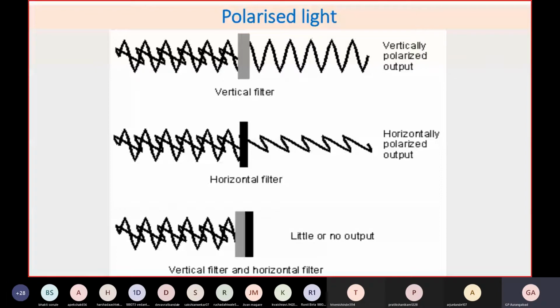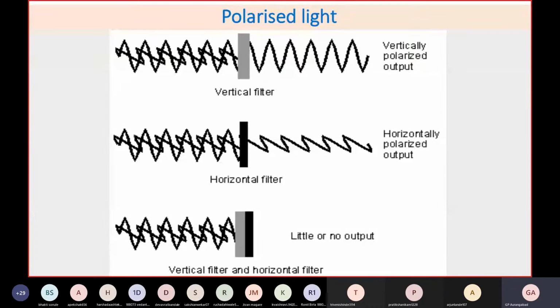Anyway, let us now see this picture. This is a vertical filter, and when light passes through it, if the light is vertically polarized, meaning the direction of the light is vertical, then only those waves will pass, and the remaining will be blocked by this vertical filter.